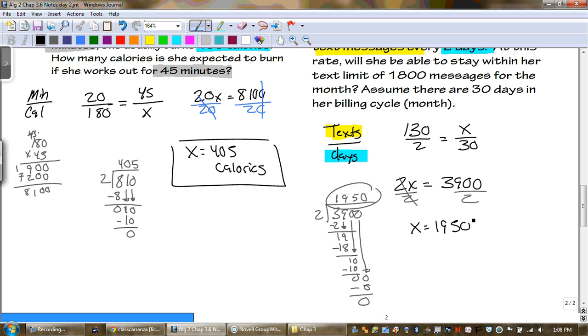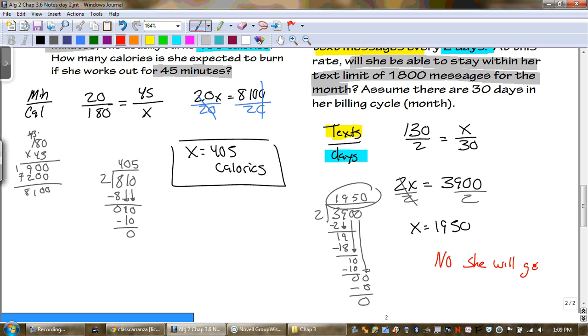Now, reading this last part, they want to know, will she be able to stay within her 1,800 text messages for the month? I don't know, guys. What do you think? We just proved that at this rate, she's going to go 1,950. And so will she make it? No. She's not.